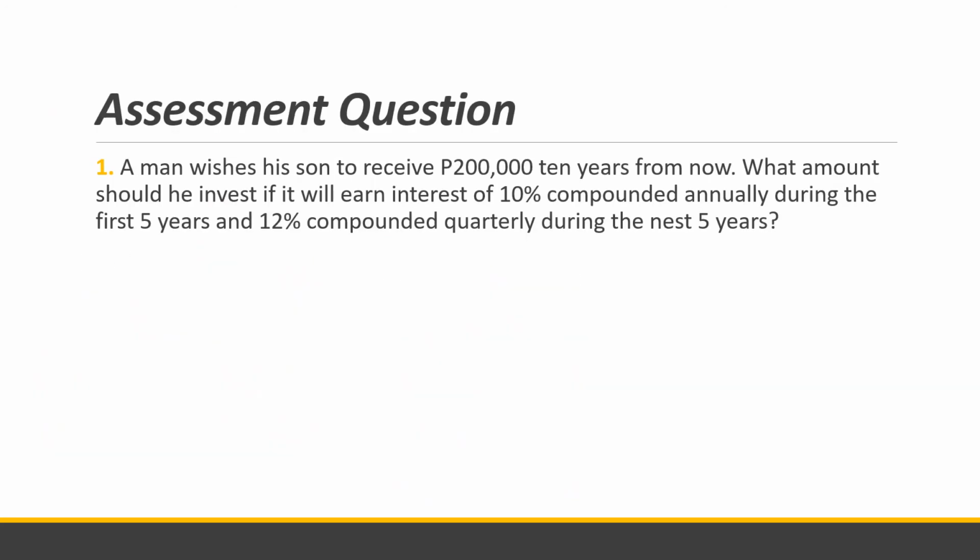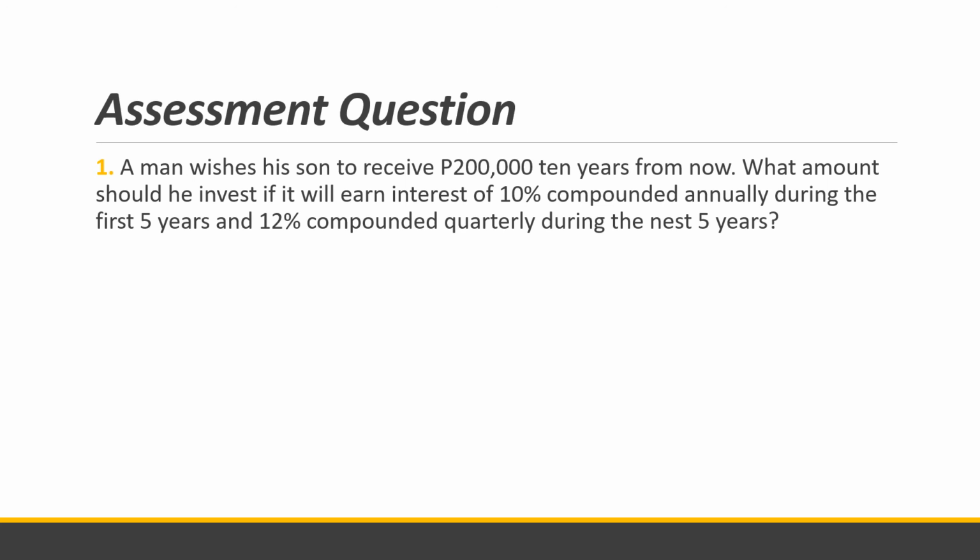Okay, so that's it. So for the assessment question, I want you to answer this. A man wishes his son to receive 200,000 10 years from now. So from now, after 10 years, I want my son to receive 200,000. Say now, my son is still a child, but after 10 years he will go to college. So I want him to receive 200,000 for his college fees or college funds.